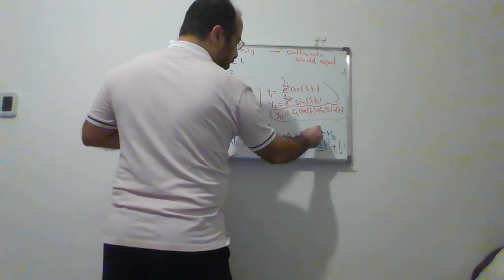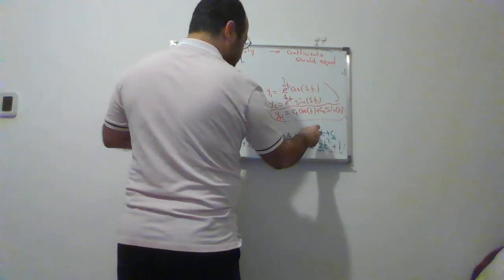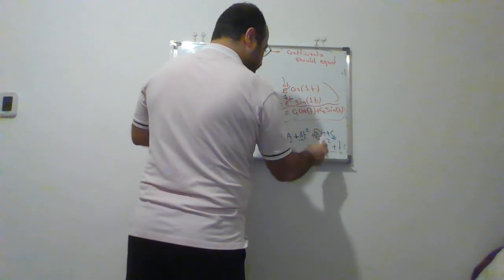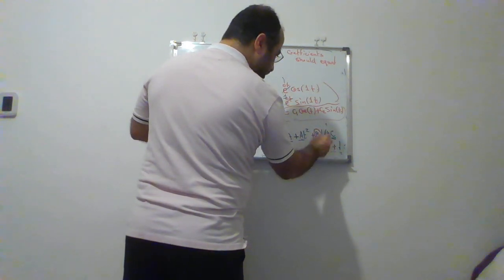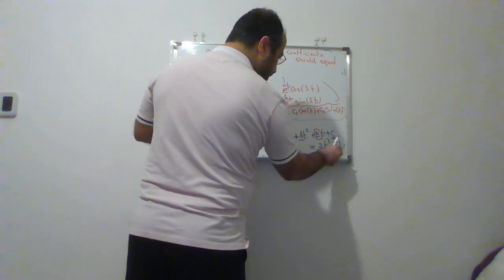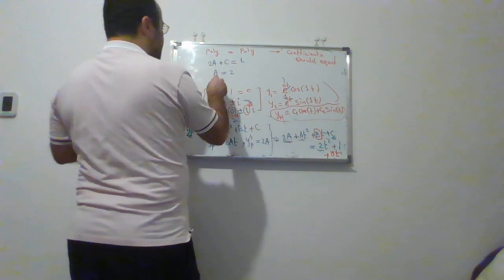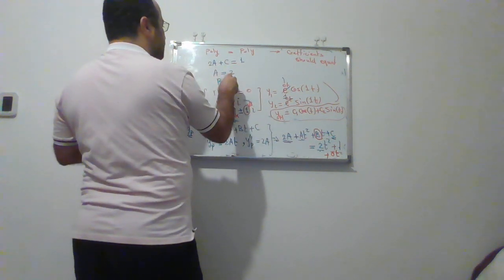And one more, b here, but on the right side you don't have any t, right? Then you have 0t, so b should equal 0.